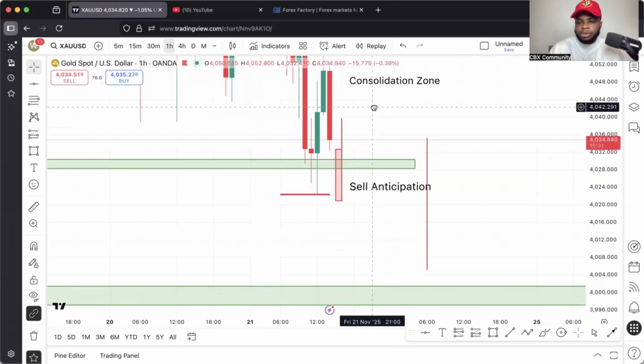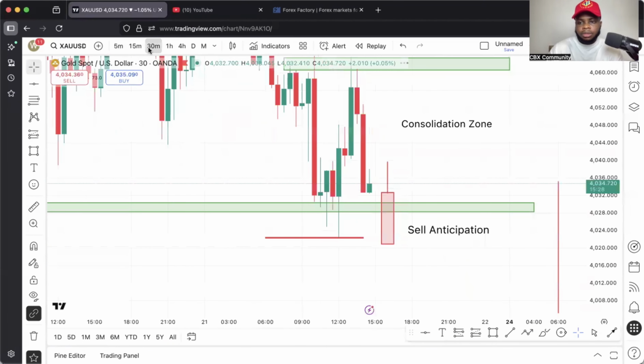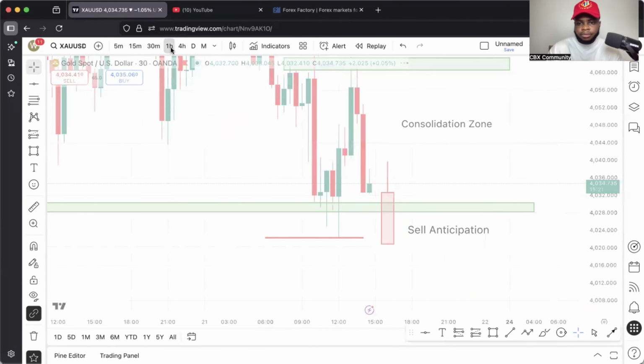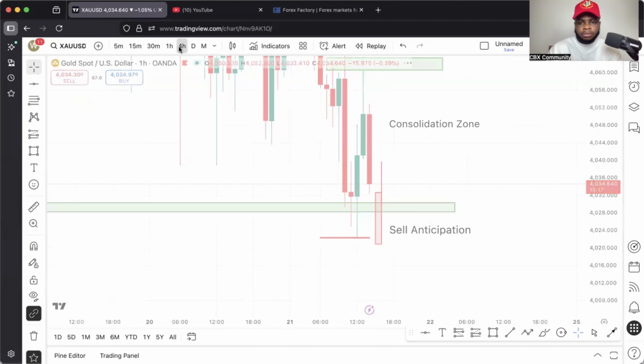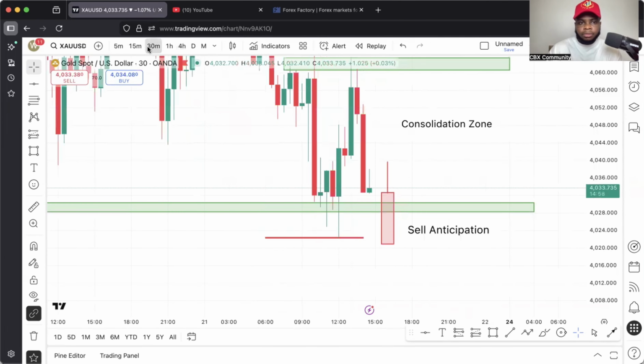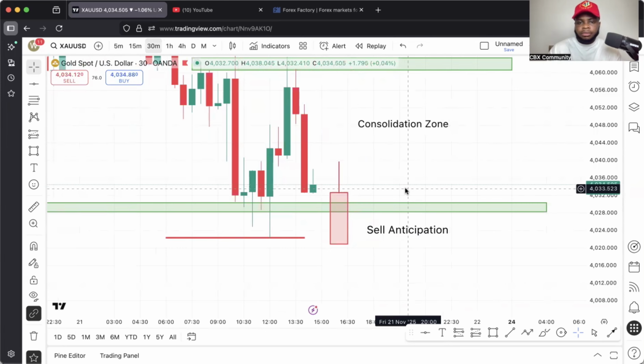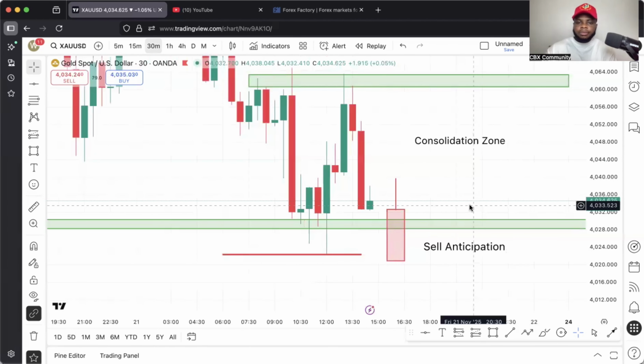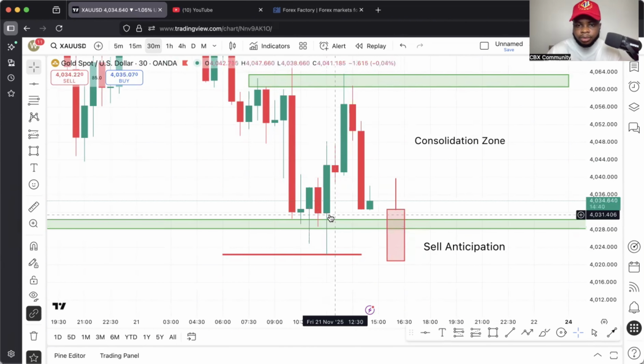Since we are still anticipating it to continue to come down. There's a wick over here. There's a wick over here.